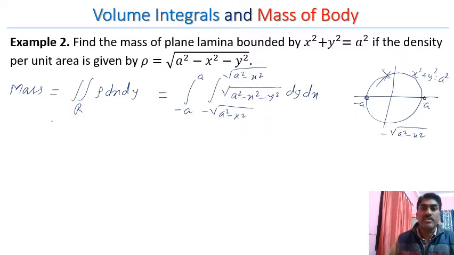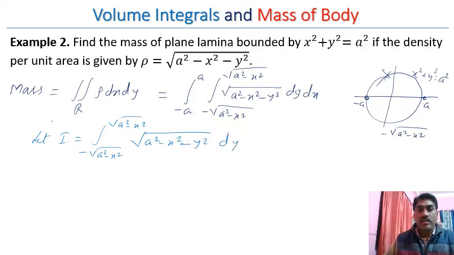So let us first integrate the inner integral. Let I be the integral from minus square root of a square minus x square to plus square root of a square minus x square of the square root of a square minus x square minus y square dy.